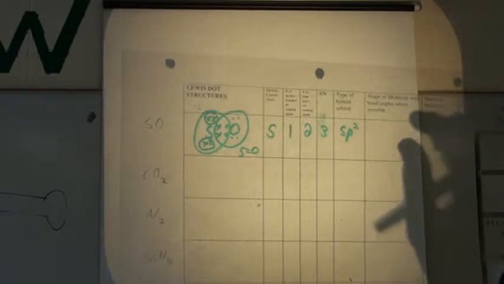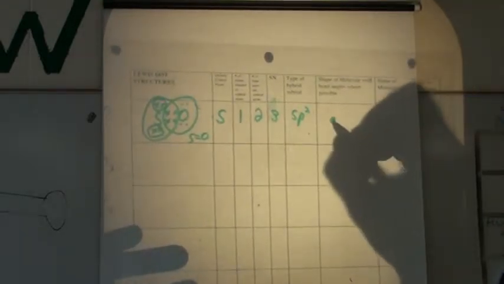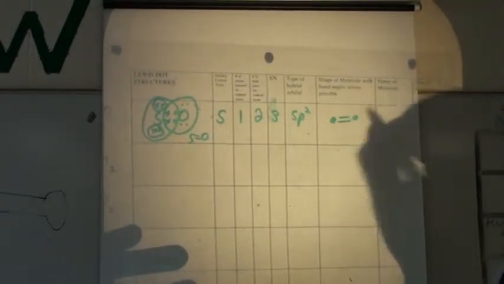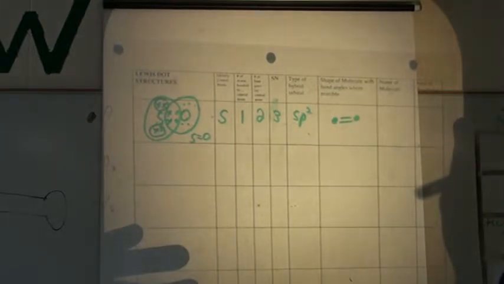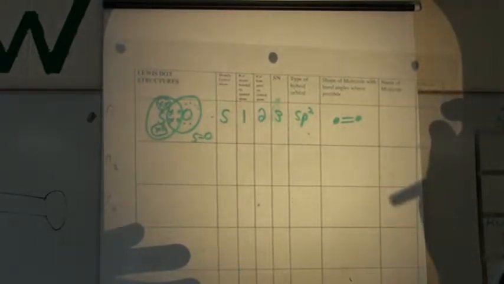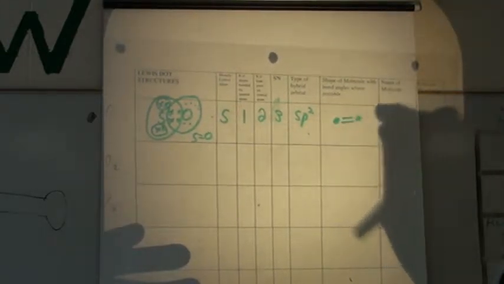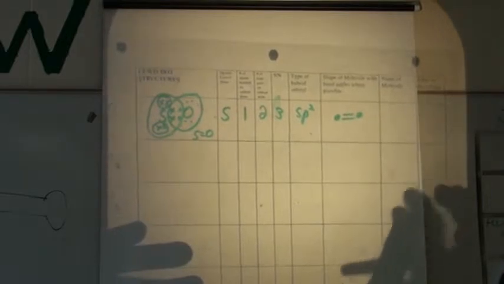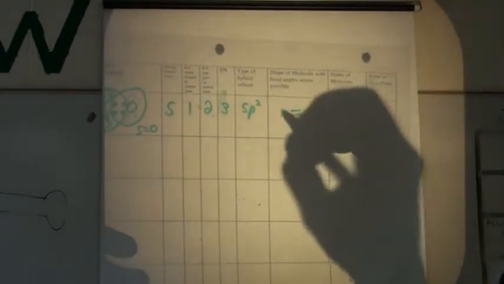Should we draw the line structure too? Well, oh no, you don't need to. Shape. Okay. There are only 2 atoms. 2 points make a line. So that's it. There's no degrees. Well, I guess they'd be 180 from each other.